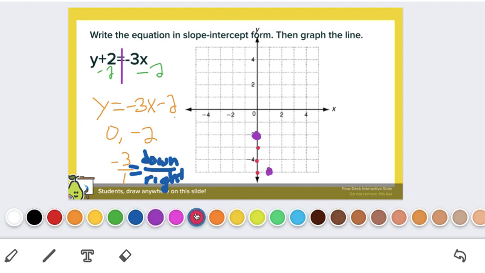But Mr. Moran, all we have is those 2. 2 is good enough, but all we really have to do is keep the same rise and run. So if I model this little L shape, we're going to go over and up 3, and then over and up 3, and we can find some more points that work for this line.